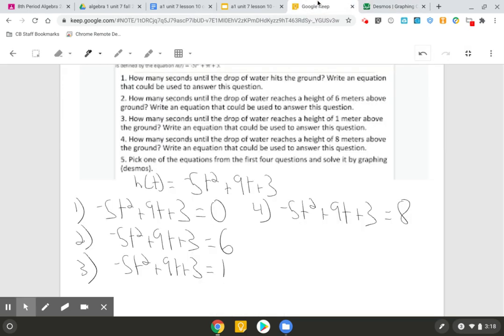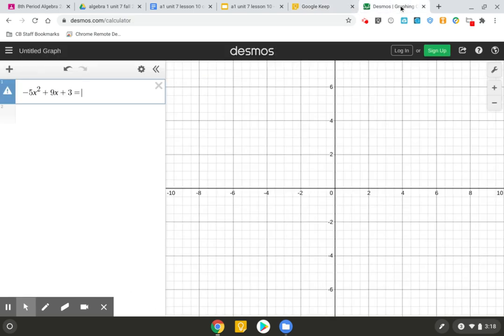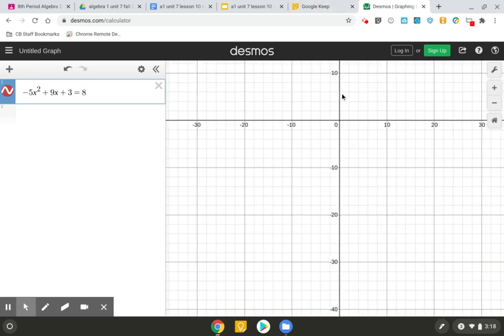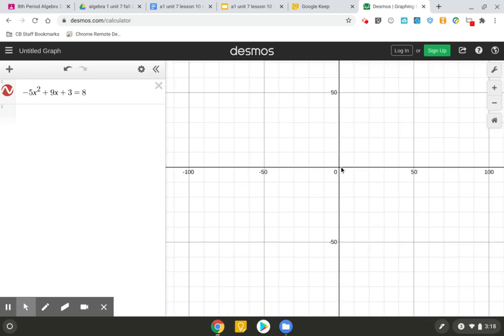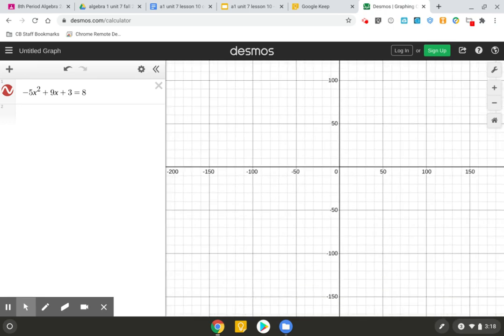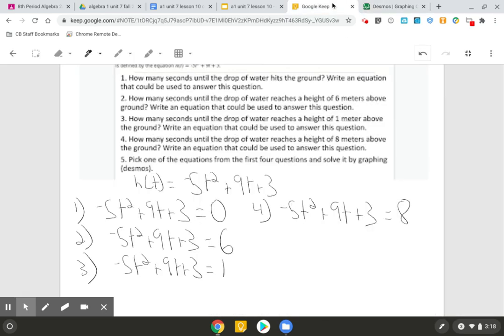Okay, how long till it reaches a height of 8 meters above the ground? Notice in this case, there's no solution. It never crosses, there's nothing there. So what do you think that means on number 4? That means it never actually reaches a height of 8 meters. So number 4 was kind of like a trick question.